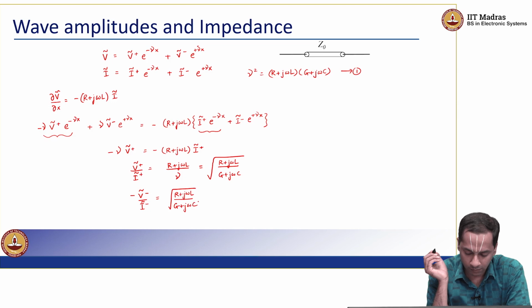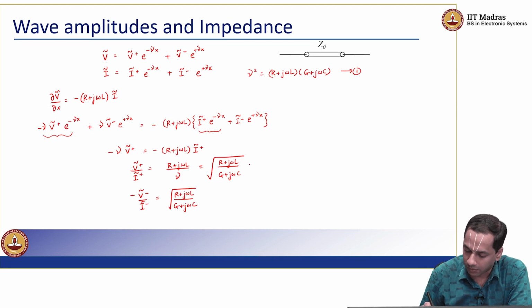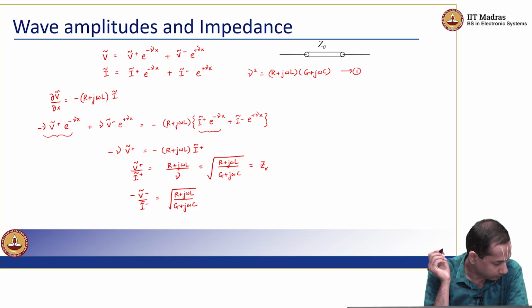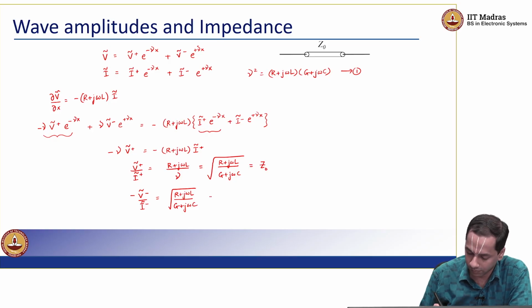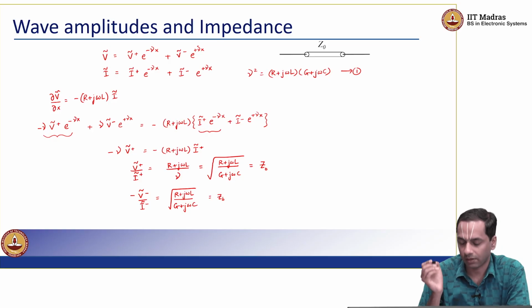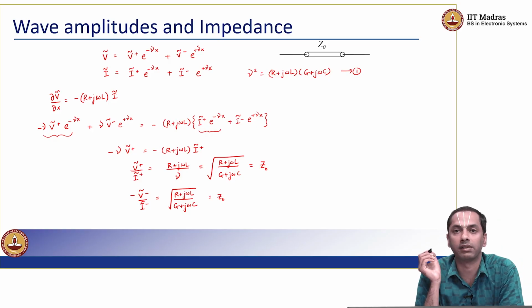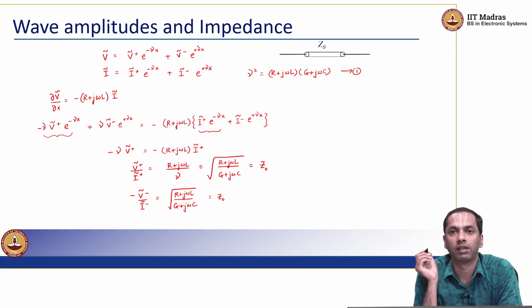is also the same number, which we will call the impedance. Right. So now the characteristic impedance is also a complex number, right? So (r plus j omega L) divided by (g plus j omega c) is a complex number, right?